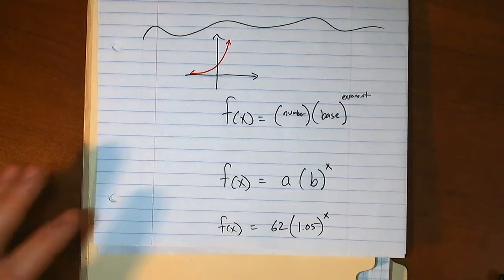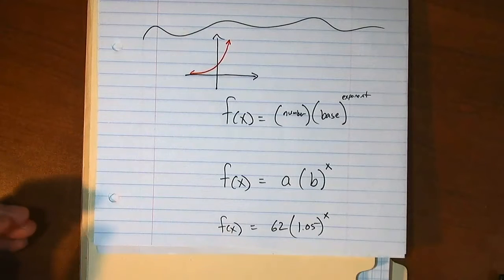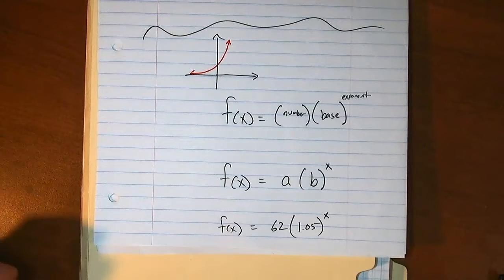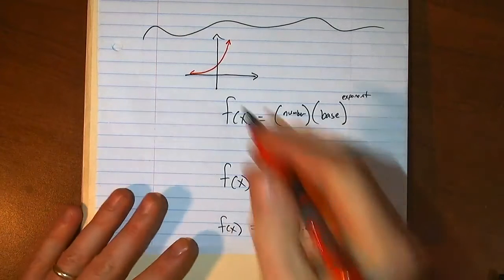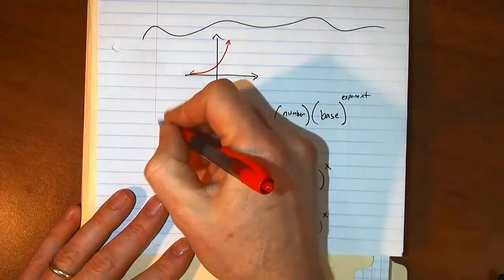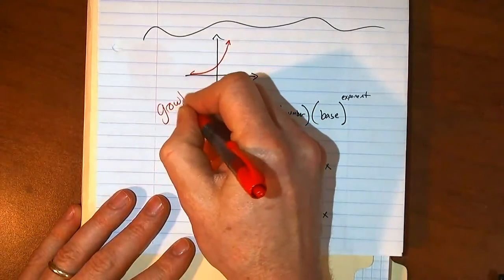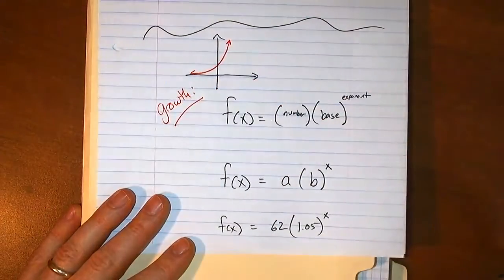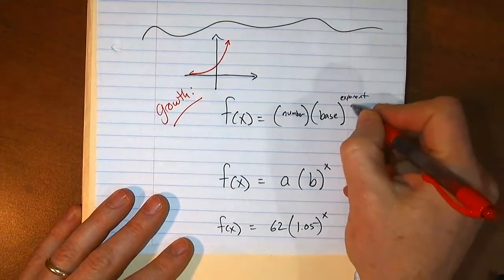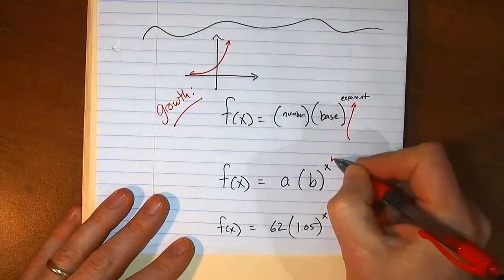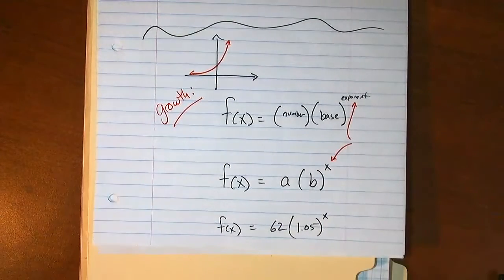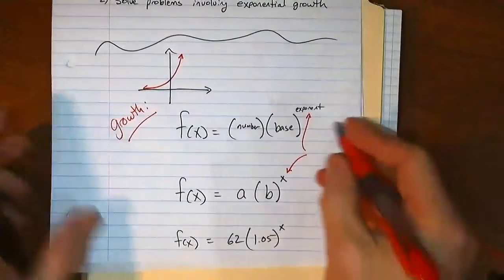Okay, so these are the types of things that we're looking at. And remember, because we're talking about growth, there are some things that we know about this. So first of all, because we're talking about growth, we know that whatever the exponent is, whether it's x or some other variable, first of all, it's going to be the variable.